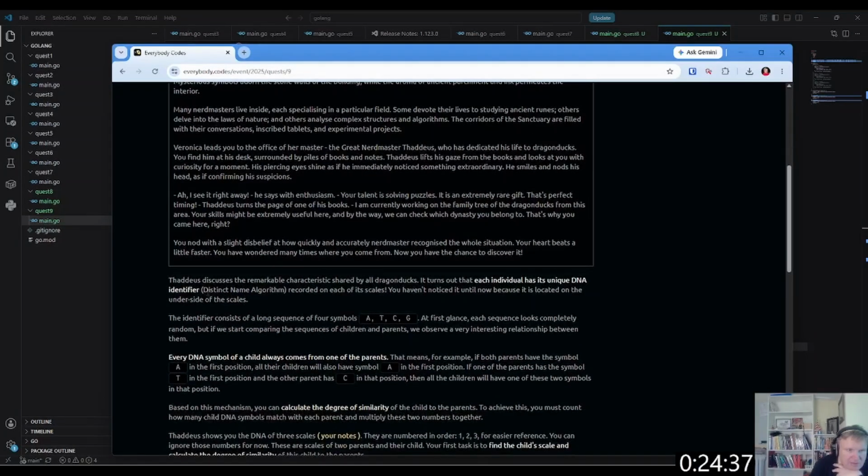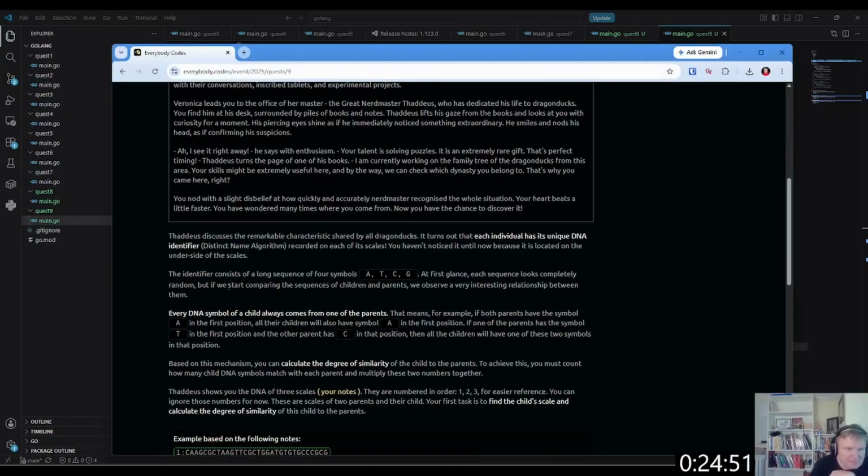Okay. Thaddeus discusses. Each individual has its unique DNA identifier, according to each of its scales: ATCG. Child always comes from one of the parents. That means.